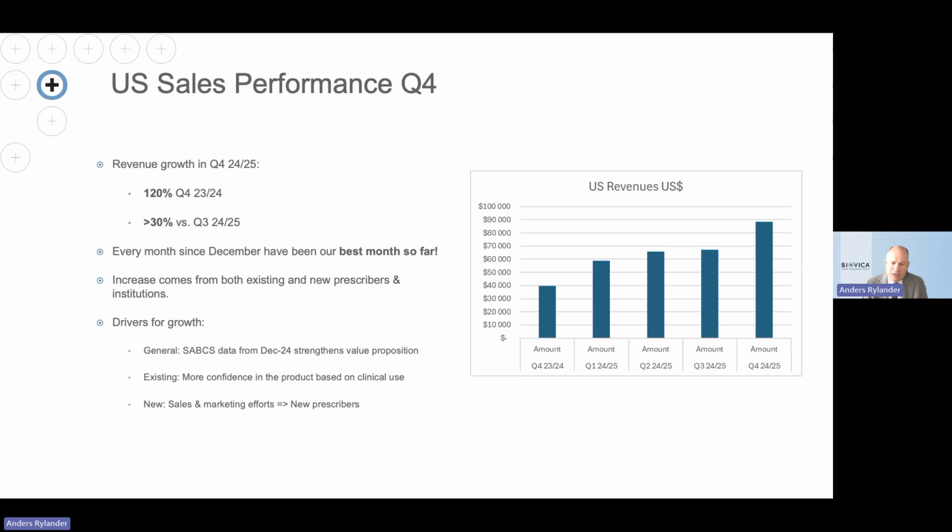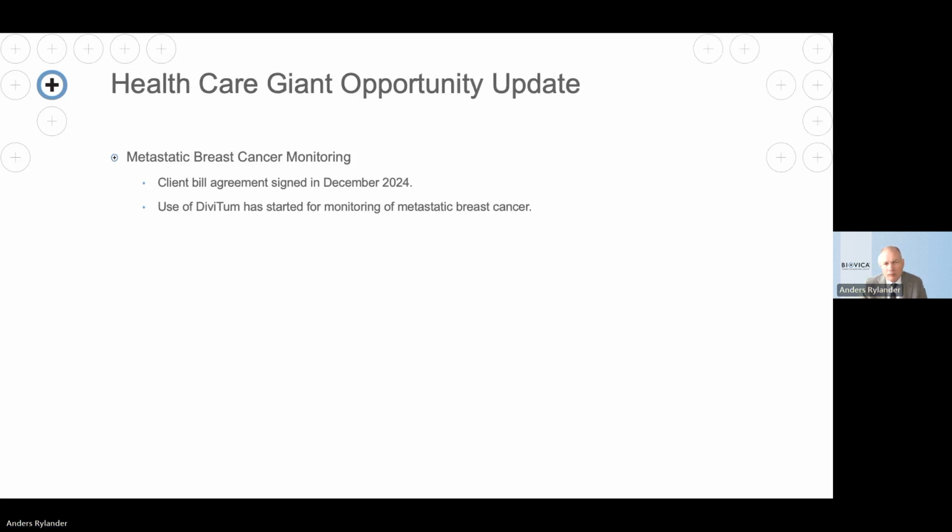So we're covering all 50 states in the US. A positive momentum in the US business. And I think we have a great opportunity to accelerate that further with the agreement that we signed in December with what we call the healthcare giant, with revenues over $100 billion.